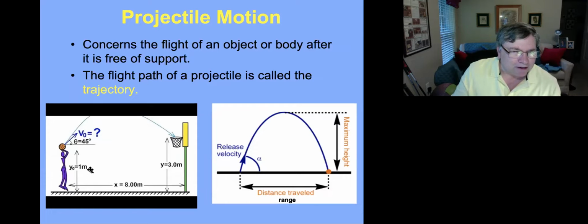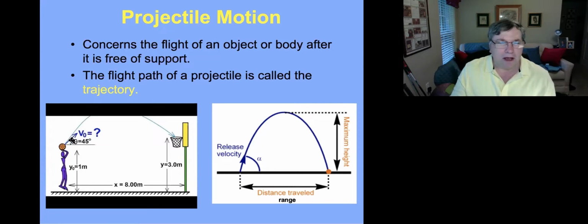Okay, that's 3 meters. Should this be 1 meter? No, that doesn't seem like it. That person's probably 2 meters high, which would be around 6'2" or 6'3". That doesn't seem right. So the optimal projectile angle here should be probably about 50 degrees. That's kind of optimal for a free throw or a jump shot in basketball.